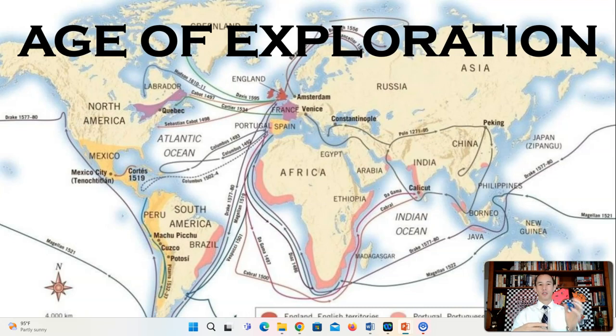It's debatable whether they are the first ones that will reach America. There's evidence that there might have been other groups, but they're the ones that are able to take advantage of trade with the rest of the world. And it will start with the Spanish and the Portuguese, but then France and England, of course, will also benefit from it. So France, England, Portugal, the Netherlands, and Spain become the countries that are most able to globalize.